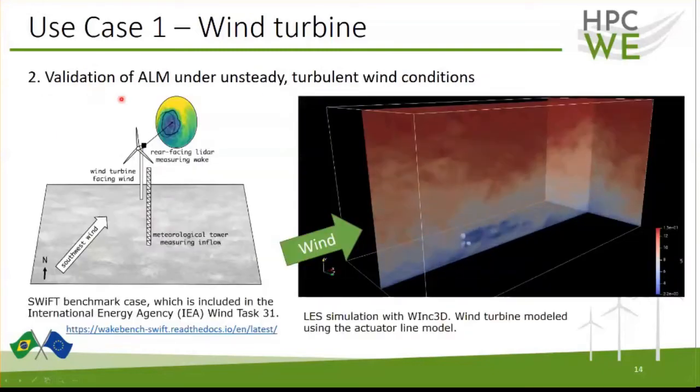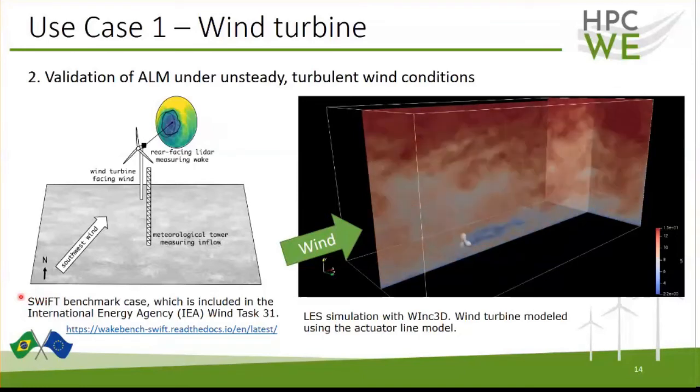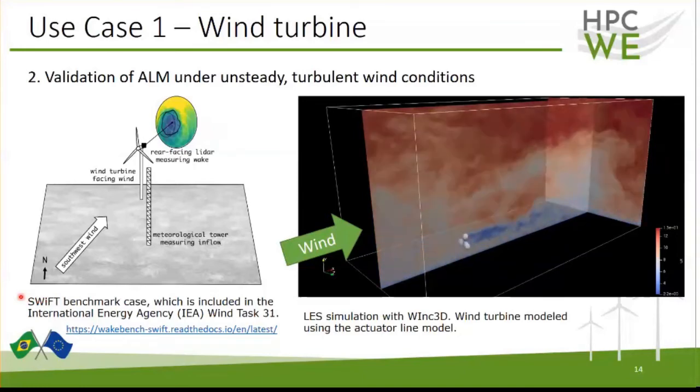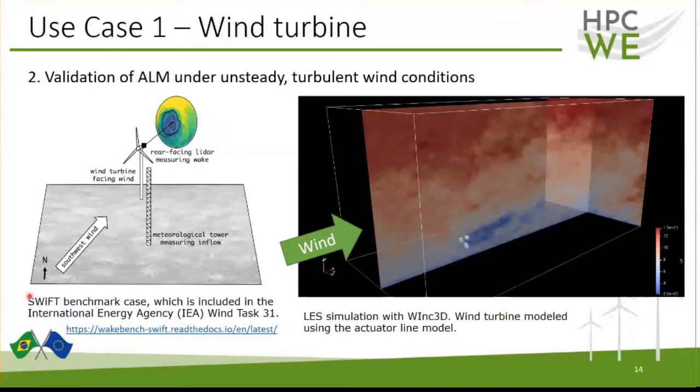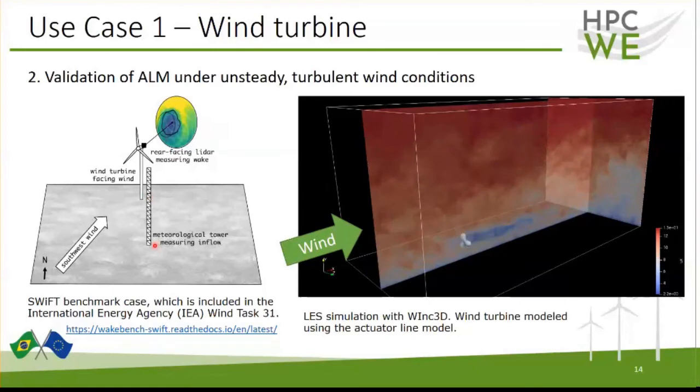For this validation, we use real data from the SWIFT benchmark case, which is included in the International Energy Agency Wind Task 31. They have a meteorological mast that measures the incoming velocity of the wind at several heights.